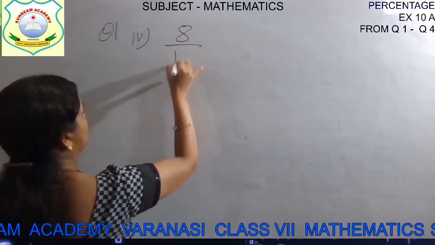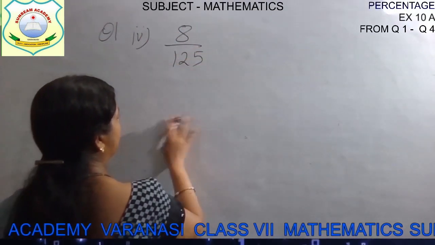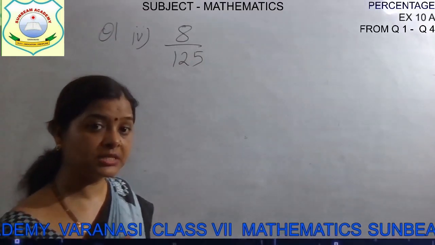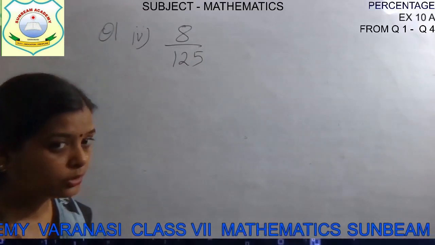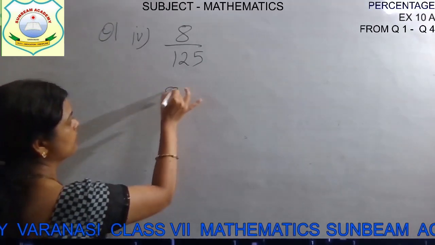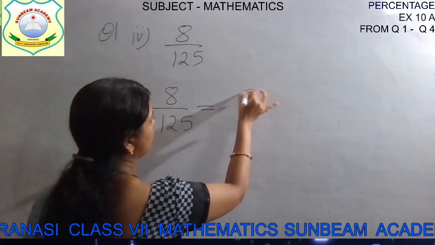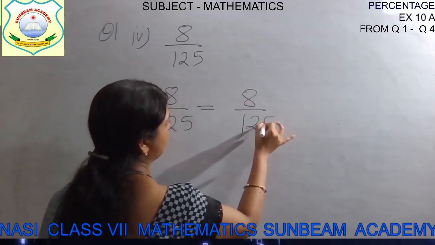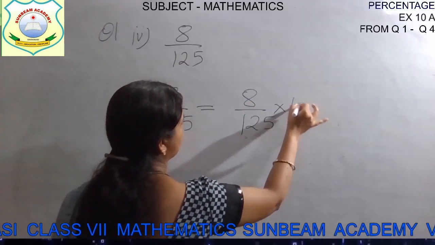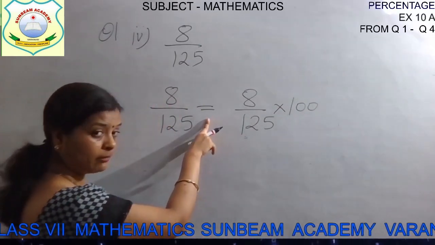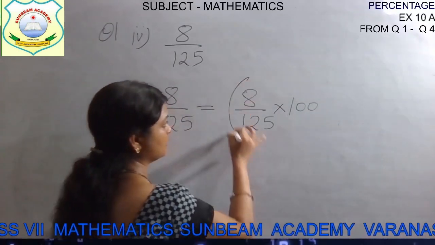Now, if you have to convert this fraction into percentage, what will you do? You will multiply it with 100. Are they the same, children? No. So why have I put the equality sign? Now see the twist.